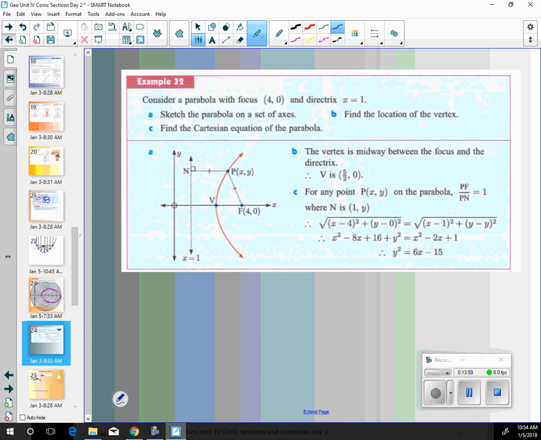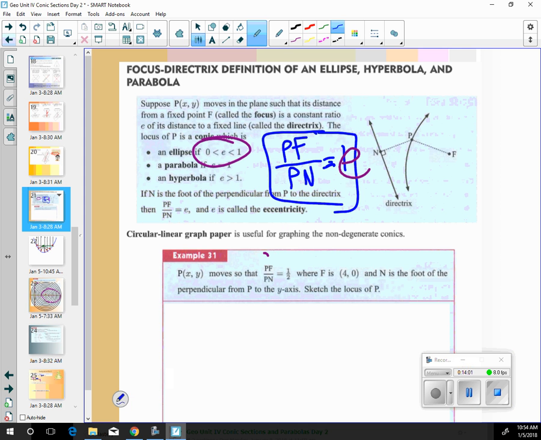Going back, it said that if you took PF over PN, if you took a point on that, and if you look at what we had in that problem, they had a focal point, and then they had the vertex, and then they'll have the directrix, right?